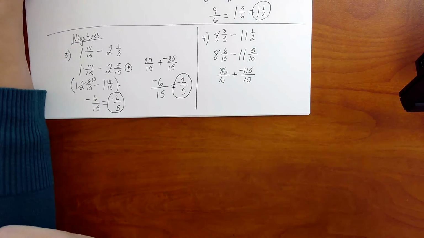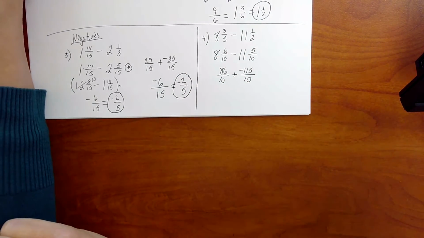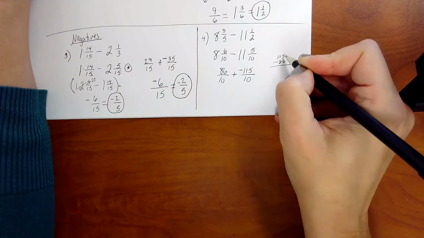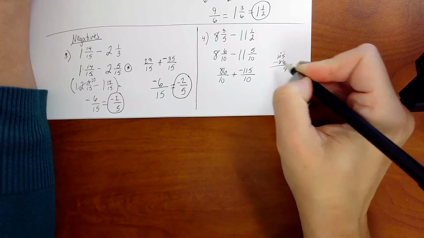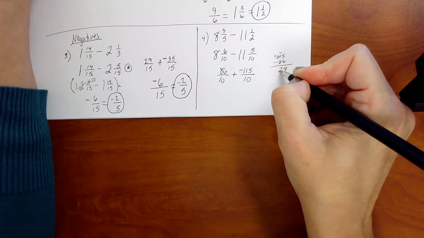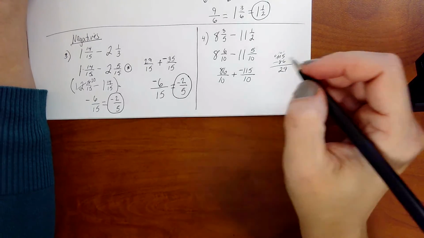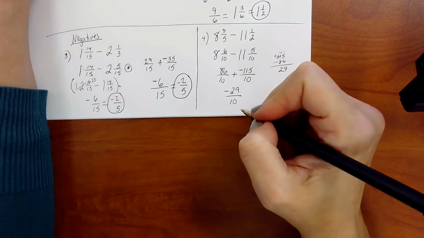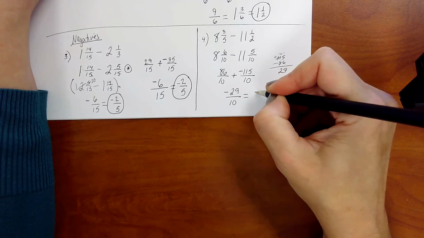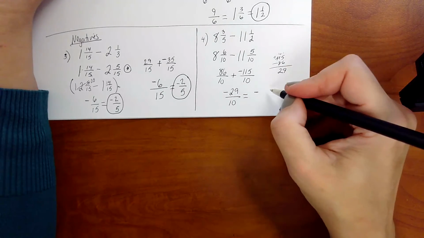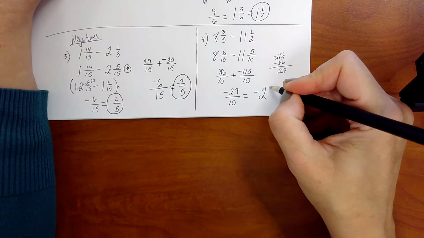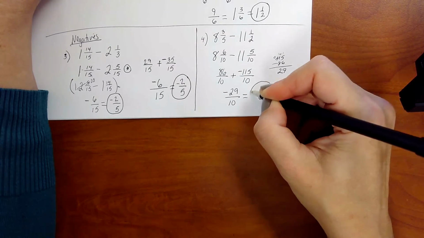Or in other words, 86 plus a negative 115. Maybe do that on the side if you have to. That's 29, and it's a negative. So negative 29 over 10. 10 goes into 29 twice. That gets you up to 20 with 9 left over. And there is your answer.